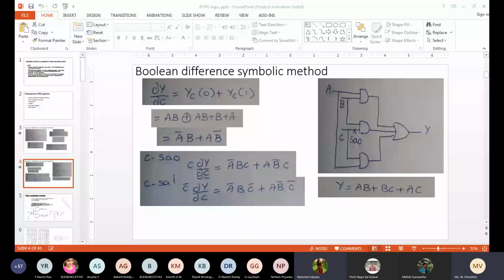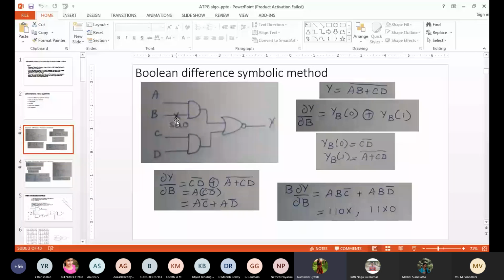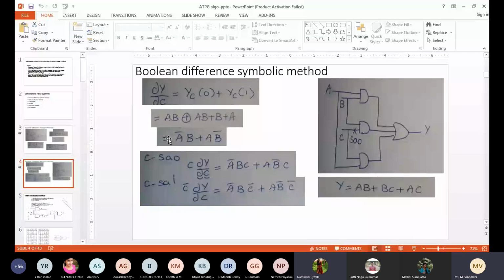Yes, what is the doubt? The fault C only for the middle gate, stuck at 0, ma'am? But the third gate, C is normal, ma'am? AB plus BC plus CA.